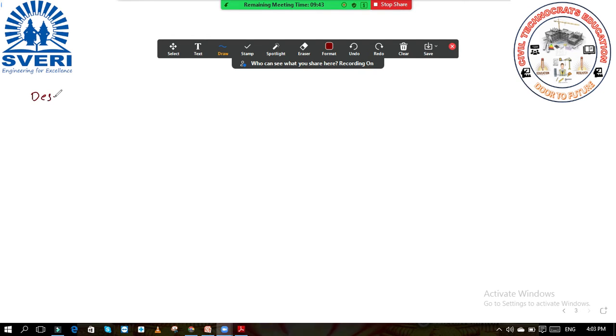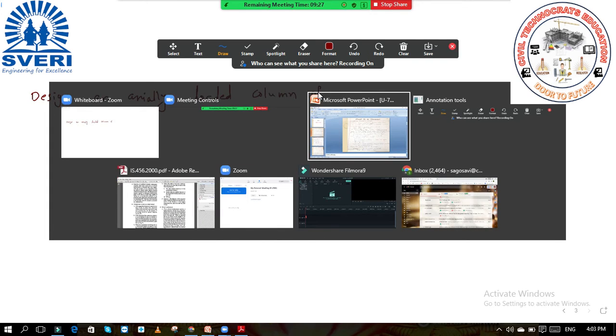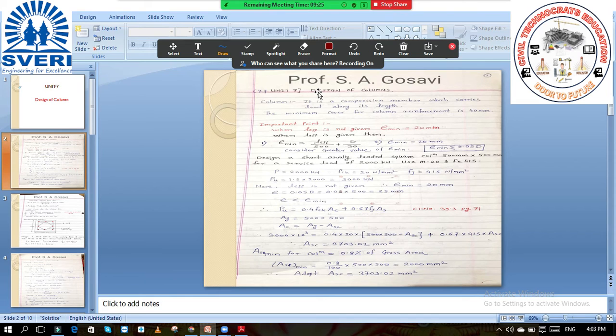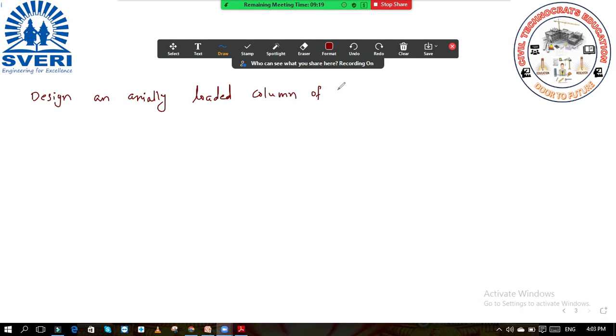Design an axially loaded column of 500 mm by 500 mm for service load of 2000 kilonewton. Service load means working load.